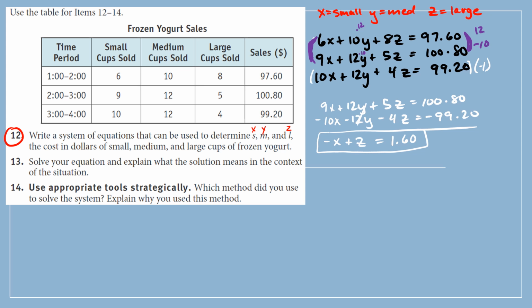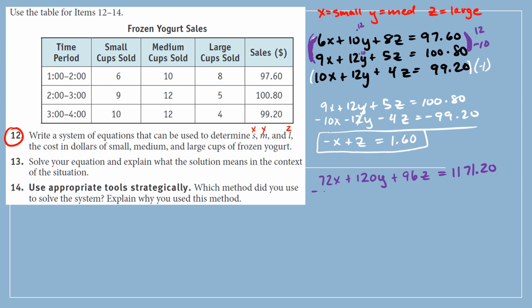And here's what I would get, right? 12 times this top equation would give me, and don't just spectate, right? Stay ahead of me, then watch. There's no way around it besides doing the work by yourself. And you can do it. Just surprise yourself right now. So you'd get 72x plus 120y plus 96z, and 12 times $97.60 should get you $1,171.20.